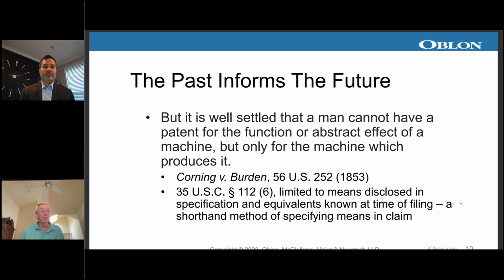Now, this doesn't mean you can't have functional limitations in a claim, but the claim has to have sufficient structure so that you're defining how you're achieving it. The other thing is at this time, there was no such thing as means-plus-function claims. So that's a later development, but the fact is, function-only claims are inherently suspect.